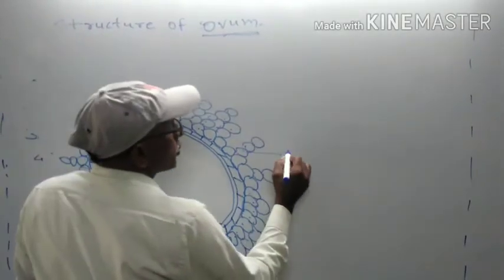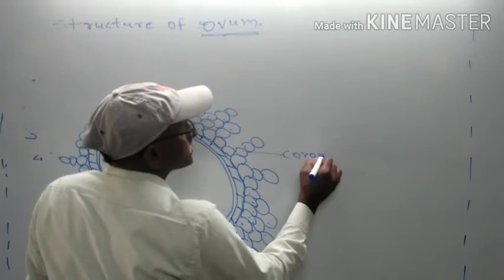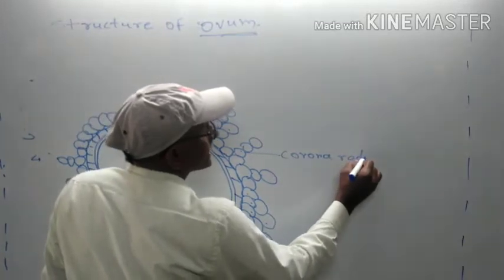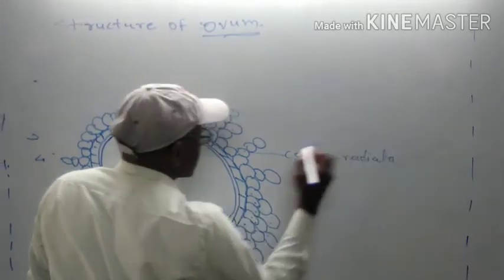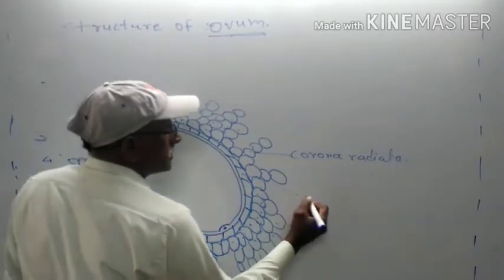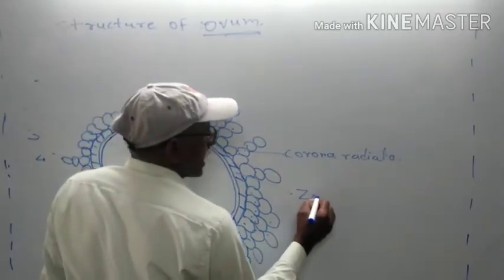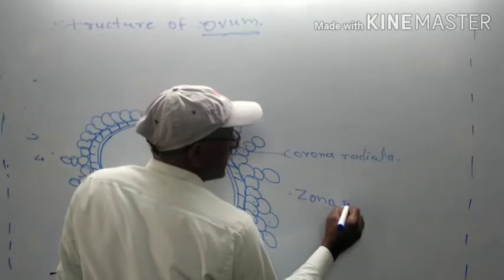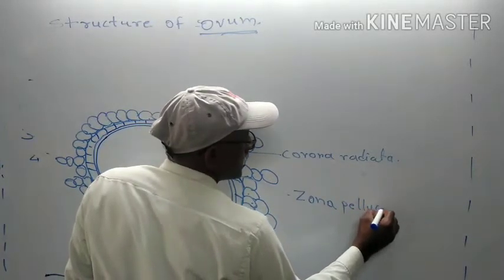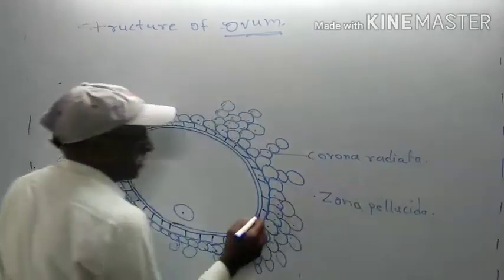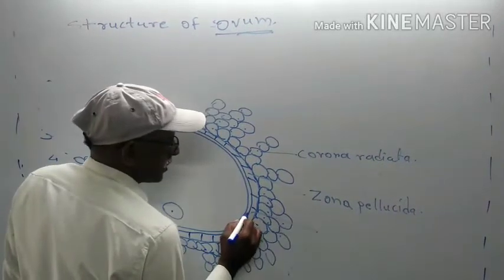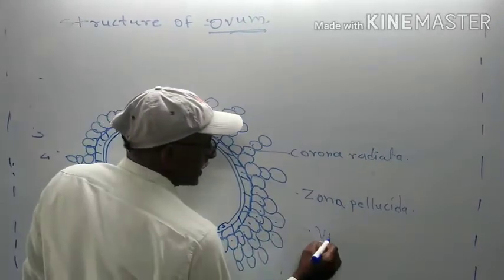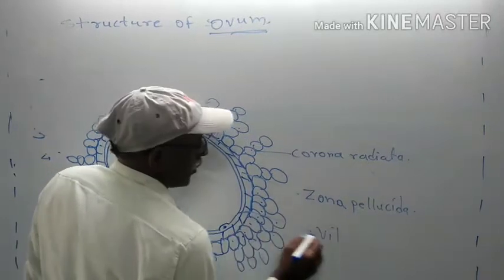So this is the corona radiata, cells of the corona radiata. This is the zona pellucida. This is the vitelline membrane.